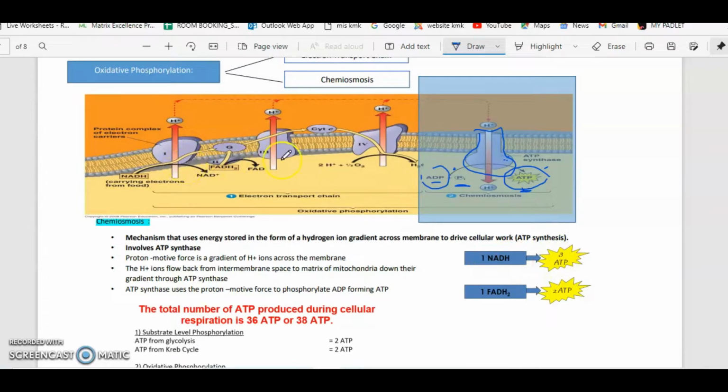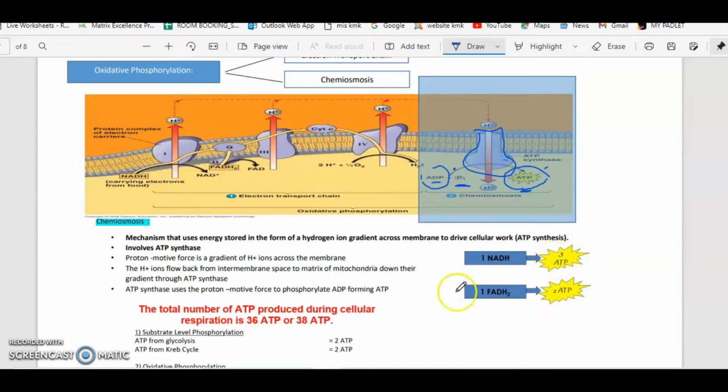Because complex 1, 3, 4 pump hydrogen ion from matrix to intermembrane space. So consider kita ada 3 molekul of hydrogen ion. Bila setiap ni flow masuk, dia akan menghasilkan 1 ATP, 2 ATP, 3 ATP. So that's why from 1 NADH, we can get 3 ATP.